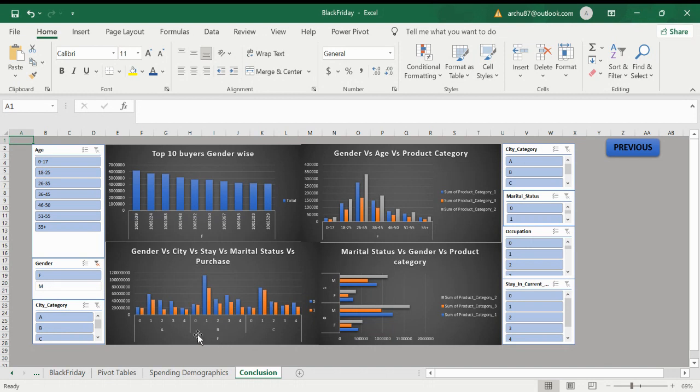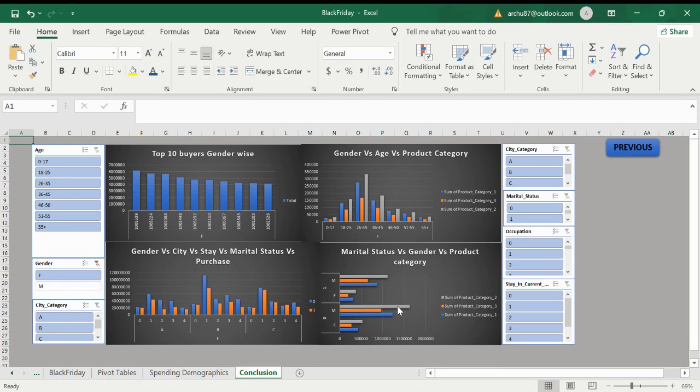And they are from city B, where the unmarried female category have purchased more. And again in unmarried, they have purchased product 2 a lot.